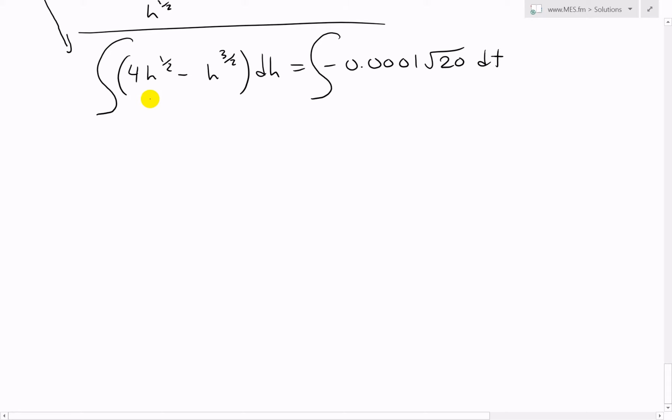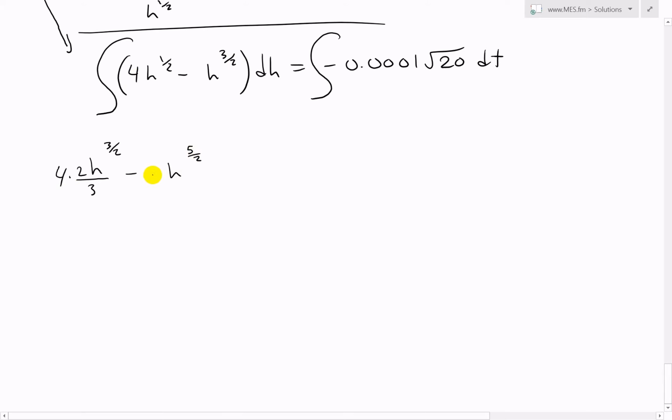And now the integral of 4h to the 1/2 is just, you add a power to it, so add 2 over 2 to get 3 over 2. Then we divide by that number, so we'll have a 2 over 3, and then the 4 there, because it's a constant. And then minus, same thing here, add 1 to this power, which is the same thing as adding 2 over 2, so that's 5 over 2.